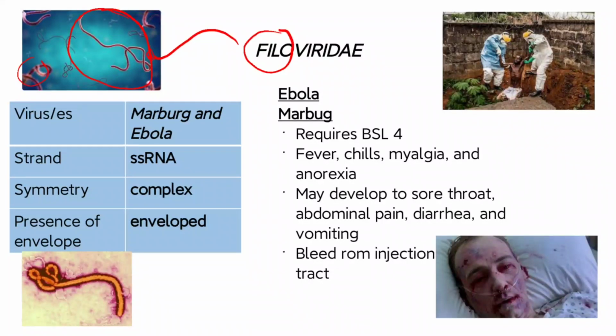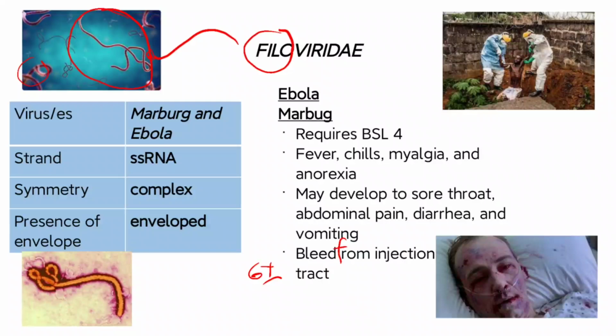And kapag yung pinakamalala na, kapag nagtagal na yung virus sa system ng isang patient suffering from Ebola and Marburg, the patient would bleed from injection sites and the GI tract.